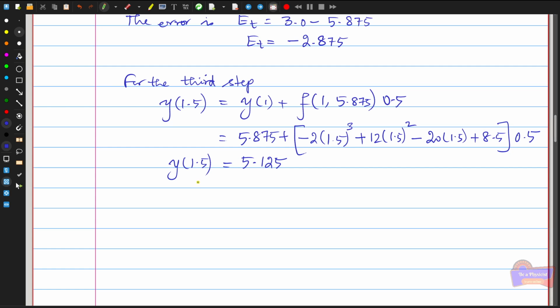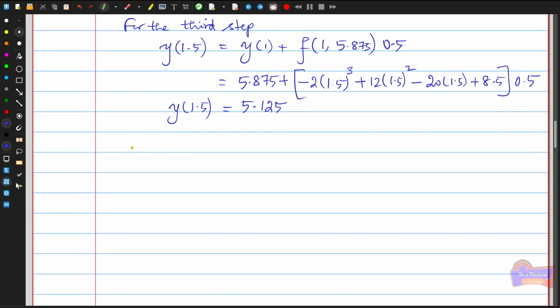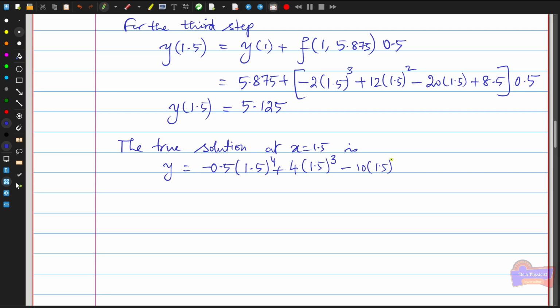5.125. Now again you can easily calculate the true solution at this point, at x equal to 1.5. y is equal to minus 0.5 times 1.5 to the power 4 plus 4 times 1.5 cubed minus 10 times 1.5 squared plus 8.5 times 1.5 plus 1.